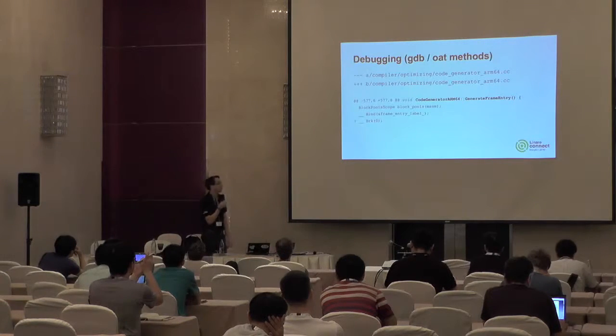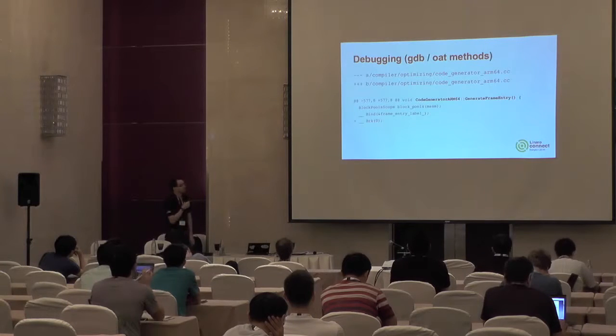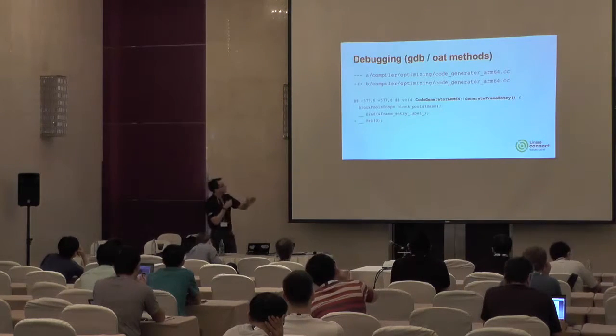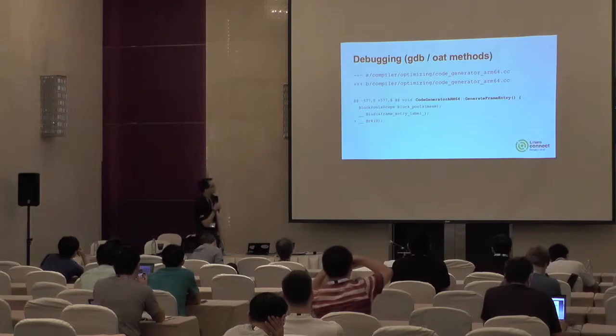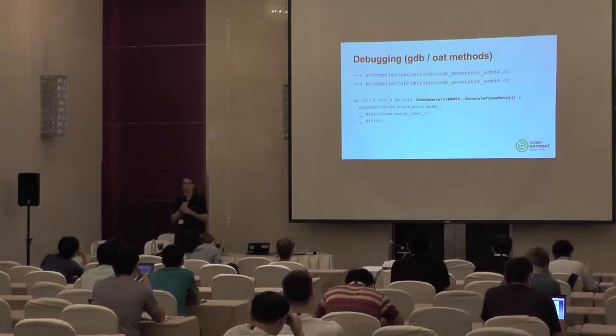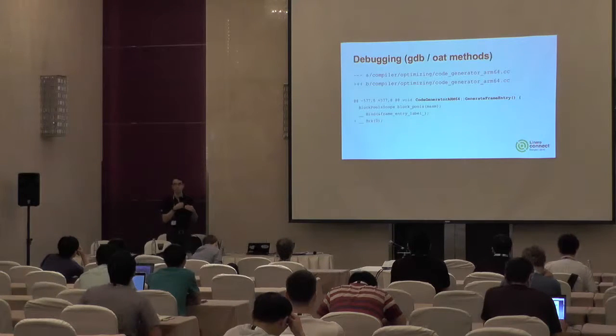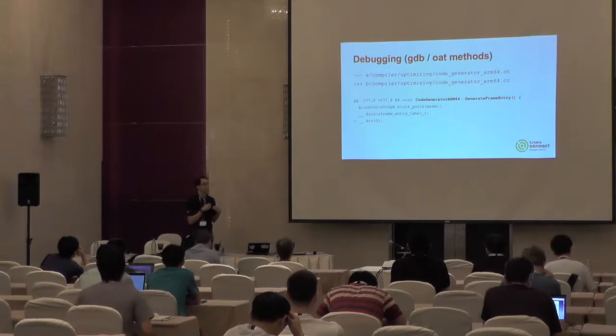Something that can help you with this is your compiled oat methods, so all your Java methods that are compiled to what we call ART methods. Stepping through those, you don't have a line number and a source file to give GDB, right? Because we've compiled Java to assembly, so we don't have a source file.